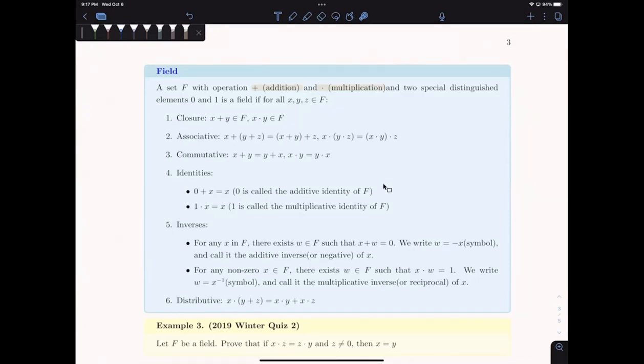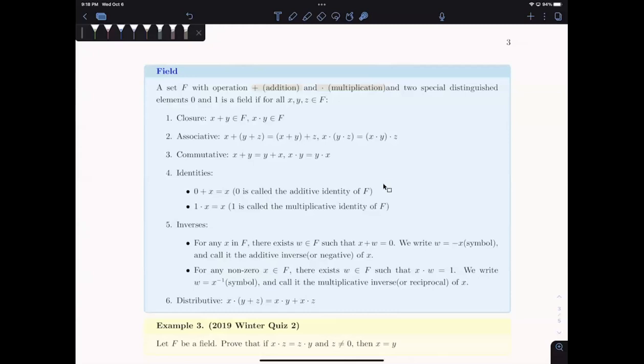Closure means if you have two elements from the field, then if you add them, it's still in the field. If you multiply them, they are still in the field. Now, remember, we have addition and multiplication, but you don't have square root.